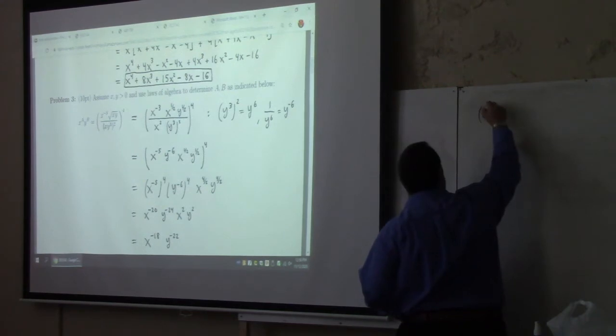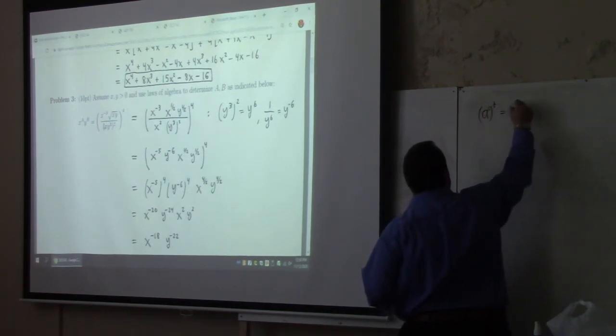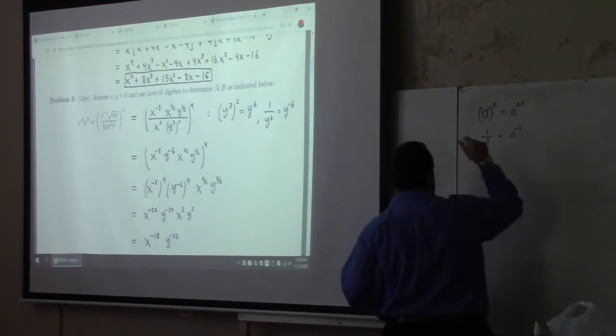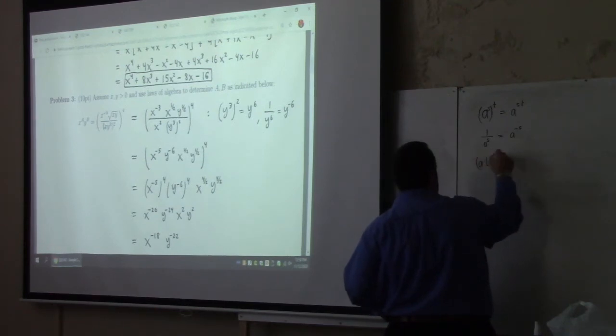Also, if we have a to the s raised to the t power, we get a to the st. What you just said, if it's in the denominator and we bring it upstairs, it flips to a minus, right? Correct. And vice versa. And then finally, if we have a times b to the s, we get a to the s, b to the s.